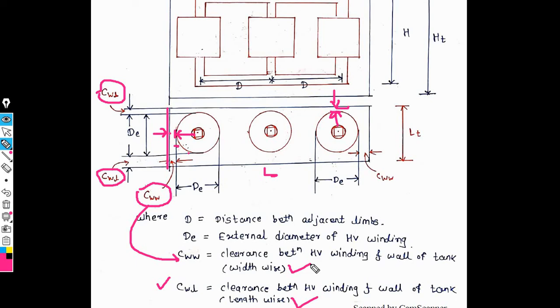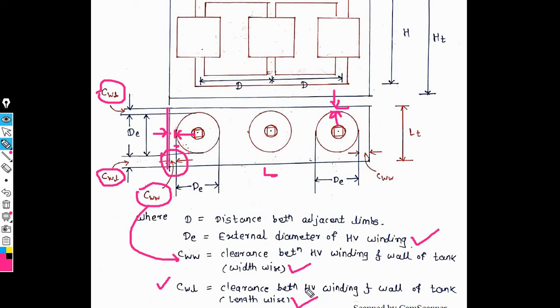Capital D means distance between adjacent limbs, and capital DE is the external diameter of HV winding. CWW is the clearance between HV winding and wall of tank that depends on widthwise. CWL is the clearance between HV winding and wall of the tank that depends on lengthwise.